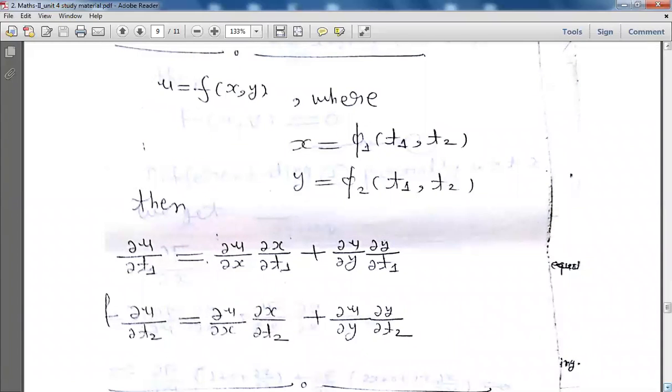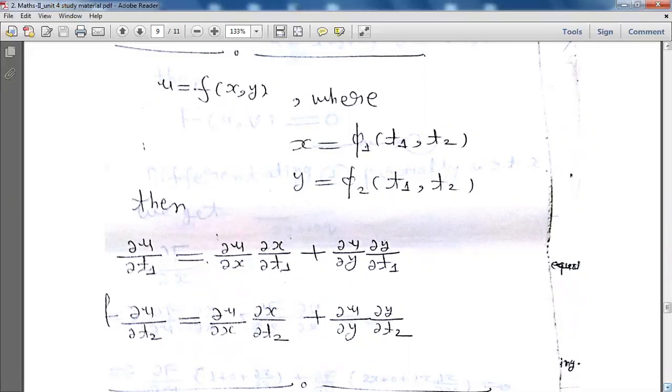So we can find total differential coefficients of u with respect to t1 and t2 respectively. But the notation is represented as partial derivatives, because x and y are functions of more than one variable. So del u by del t1, this is the total differential coefficient of u with respect to t1. t1 is the parameter.